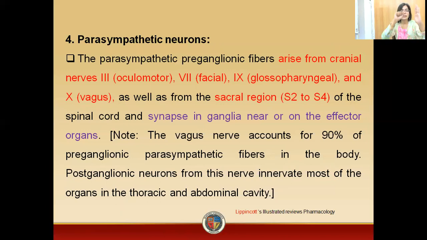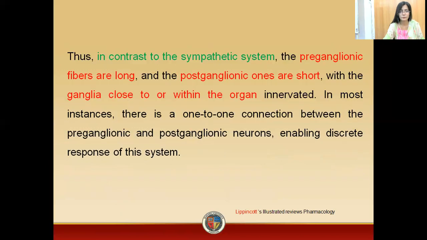It means in the case of the sympathetic nervous system, this ganglia was close to the spinal cord, while in case of the parasympathetic nervous system, this ganglia is close to the effector organ. It means now there is a greater length of the preganglionic nerve as compared to the sympathetic nervous system.